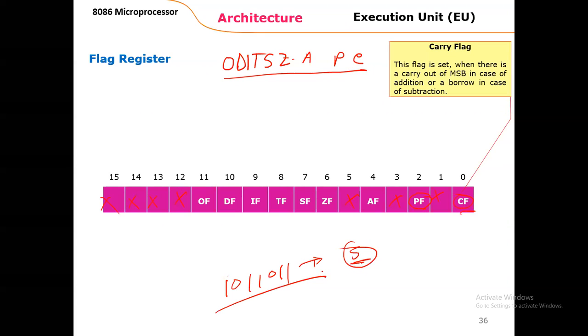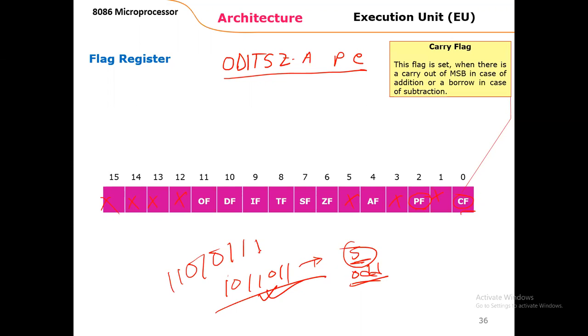So 5 is odd, so this parity is odd parity. And suppose 1, 2, 3, 4, 5, 6: the number of 1s is 6, so this is even parity. So this is the parity flag.